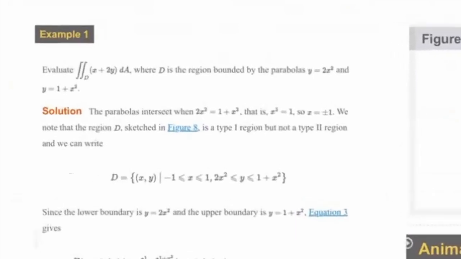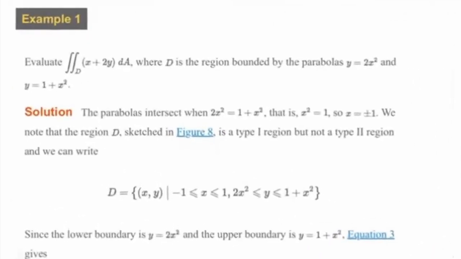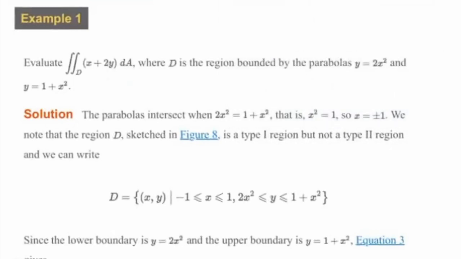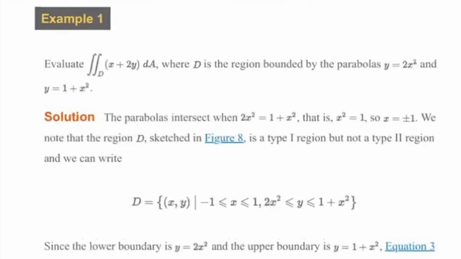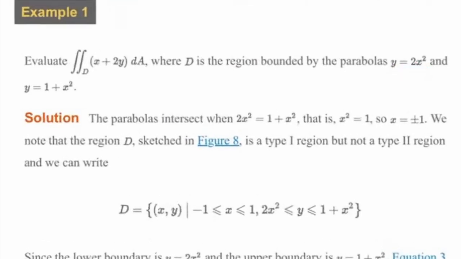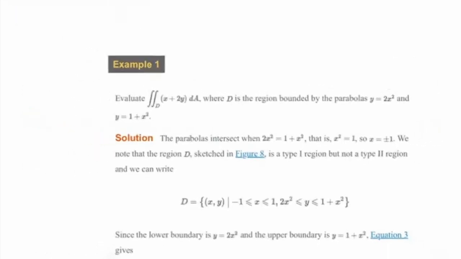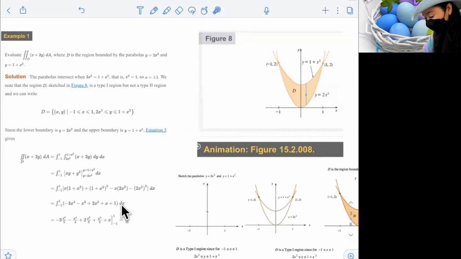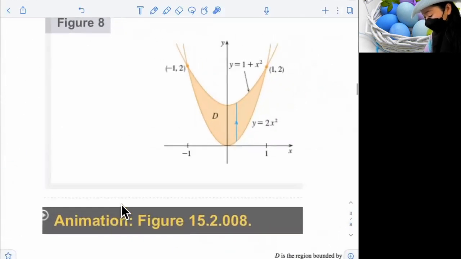Now let's try some examples. Let's evaluate this function over region D, and that region is bounded by this parabola and this parabola. Maybe we should draw the graph first. You're able to see that this is a region, bounded above by this parabola, bounded below by this parabola. Is this a type 1 or type 2 region?